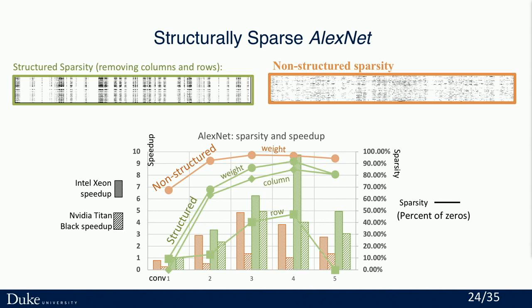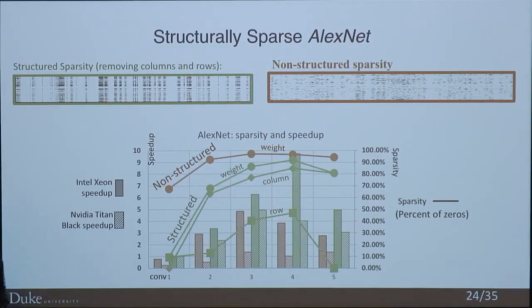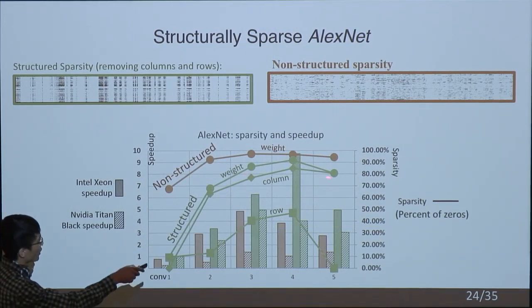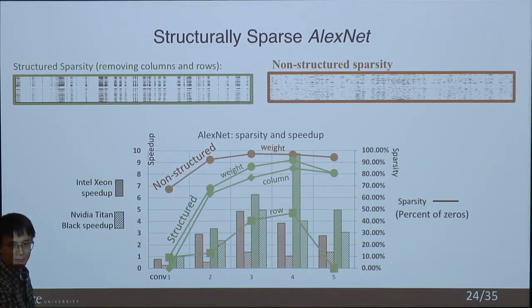You can see the bars of the green one are taller than the orange one, which means we can give a better speedup. Can you explain why the speedup in the layers is different? Because you get different sparsity. Is this related to some property of neural nets? Yes.